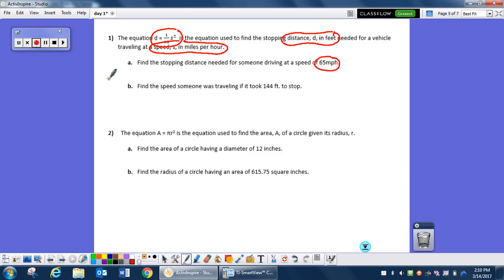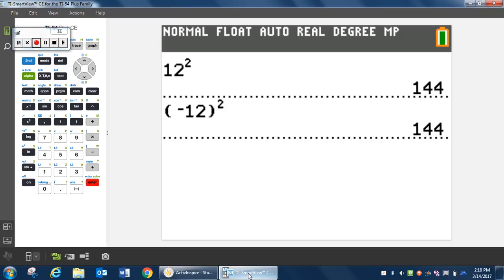So all we're doing is plugging in d equals 1/16 times 65 squared. And to be on the safe side, I would also put 1/16 in parentheses. So we have 1 divided by 16 times 65 squared.